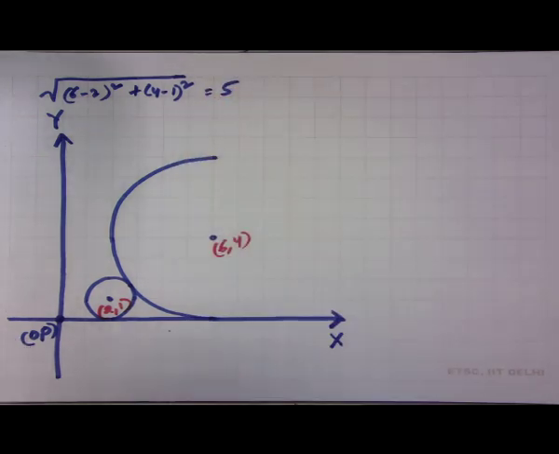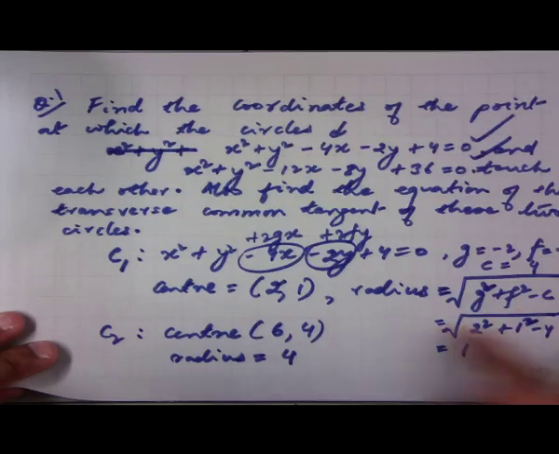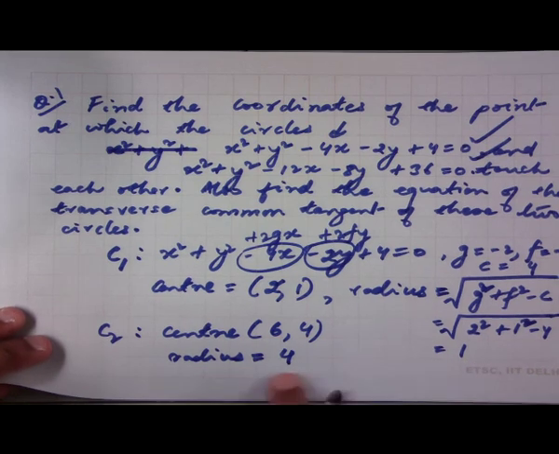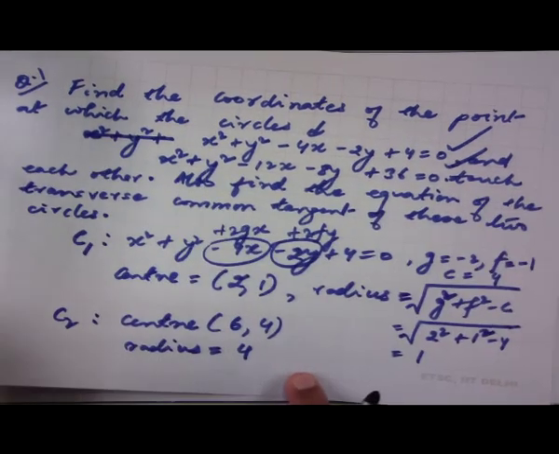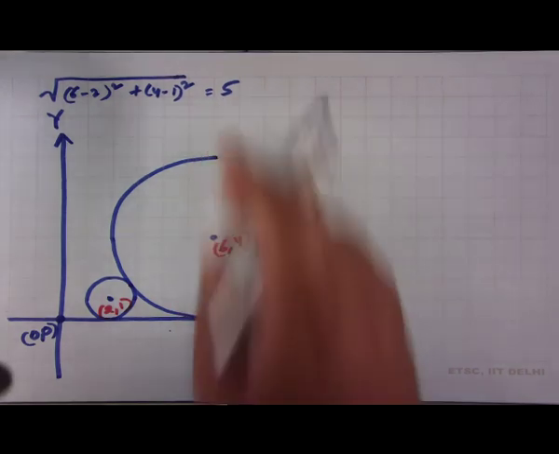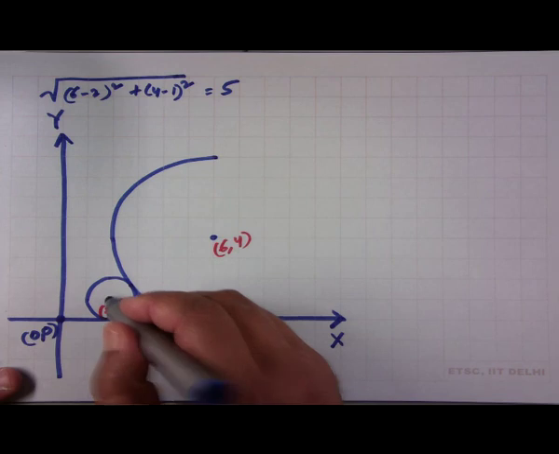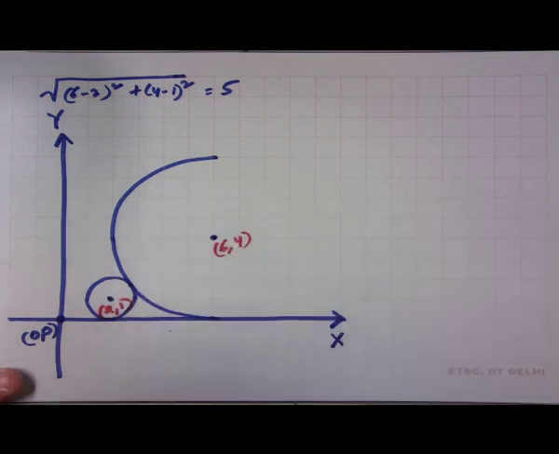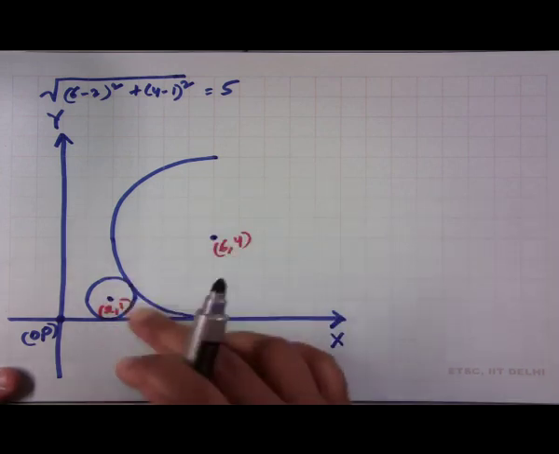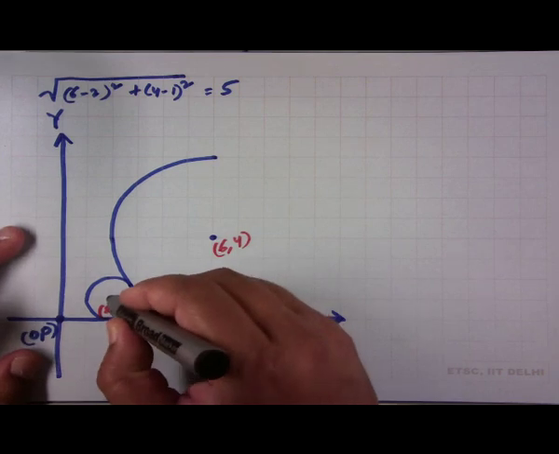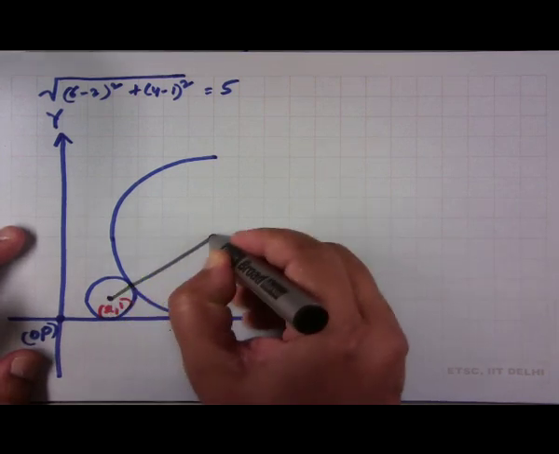And the radius of the first circle was 1 and for the second circle was 4. So when we add them up, the sum of the radii is 5, which is exactly equal to the distance between the two centers, which means that these two circles are touching at exactly one point. So this is the line joining the two centers.